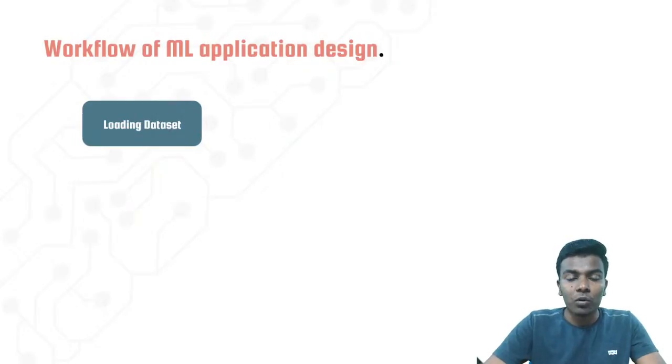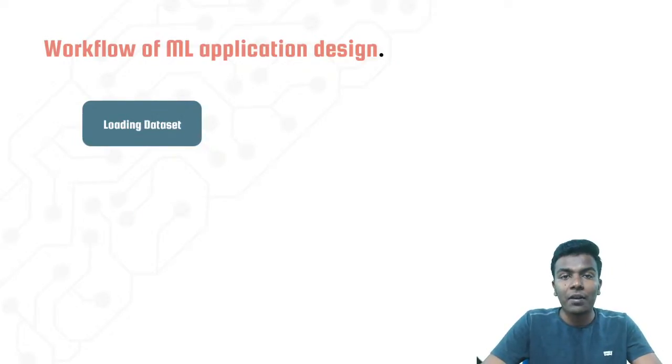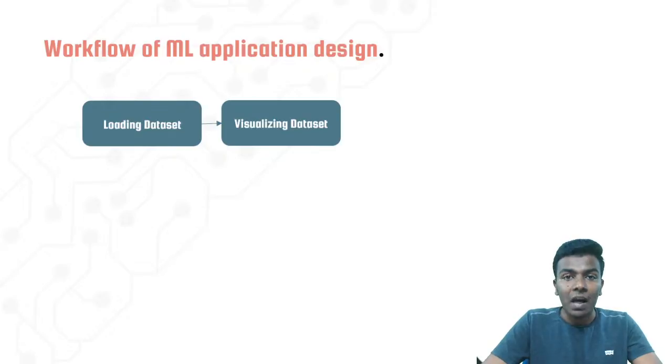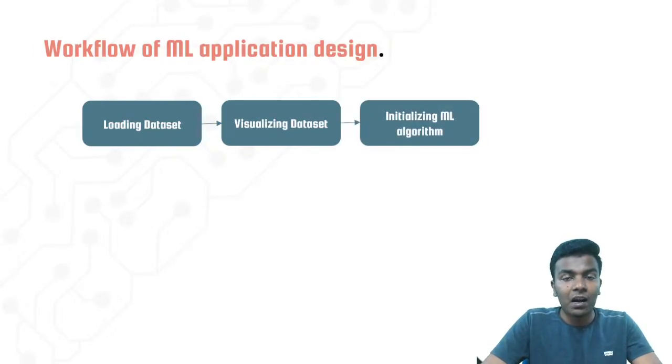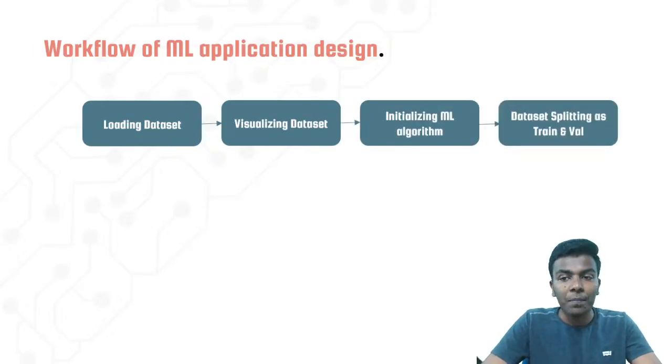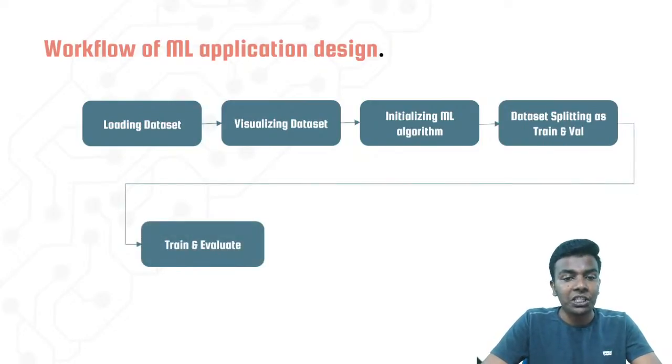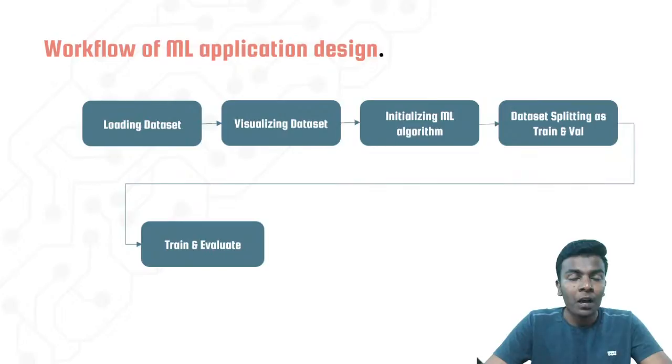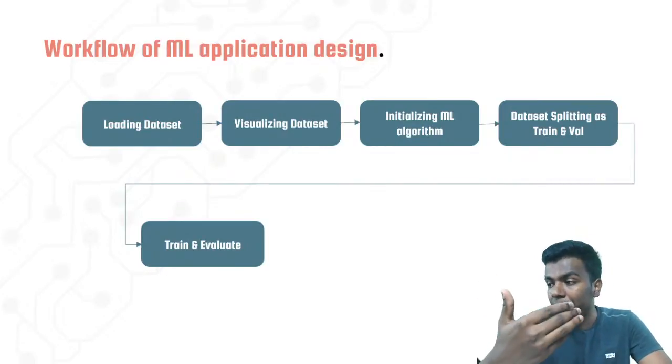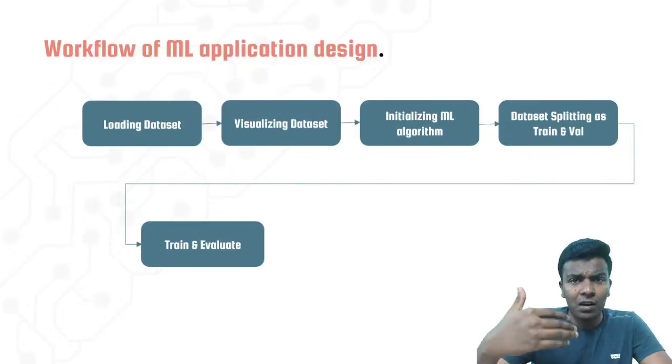Then the workflow. First of all, we are going to load the data set, and then visualize the data set, and initialize the machine learning algorithm. Then of course we are going to split the data set for training and validation, then train and evaluate. What is meant by evaluation: we are going to evaluate each and every model for our data set.